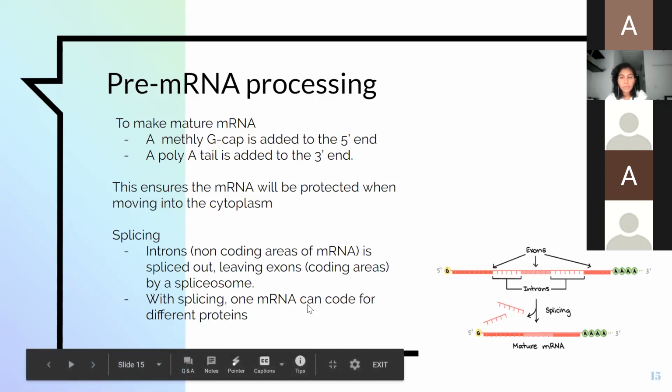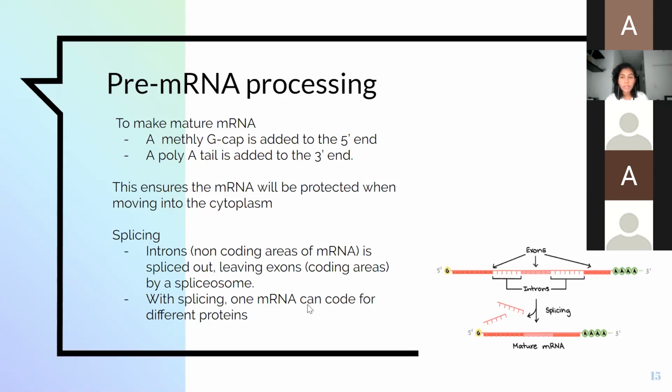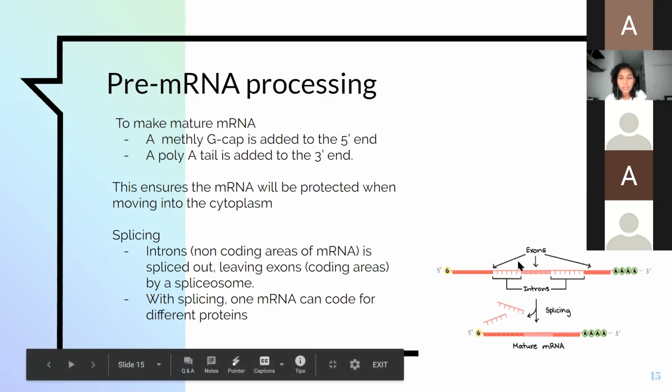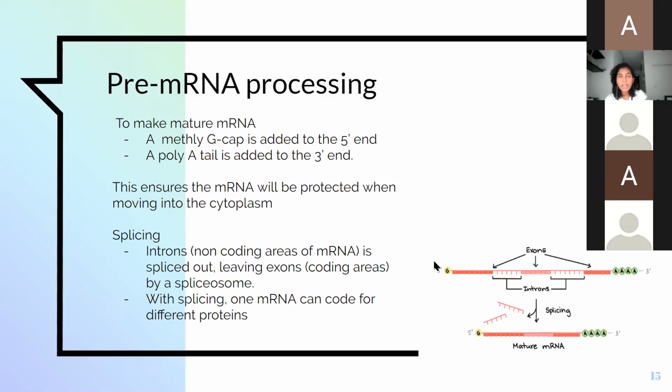This happens with a complex called the spliceosome, which is an enzyme with different proteins that helps take away all these introns. There is also a lot of variance when it comes to splicing, so you can also take exons out. This is what makes one pre-mRNA able to code for different proteins.